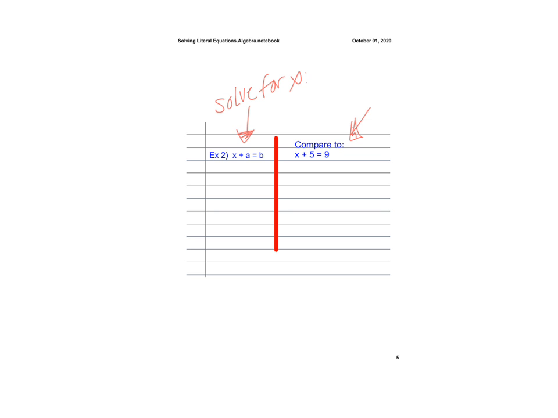So I change the a to a 5 and the b to a 9. If I subtract 5 here, I get x equals 4. Nice and simple. The same thing here. I'm going to subtract a because a is like that 5. The only difference is that I can't do b minus a, so I just leave it b minus a, and that's my answer.